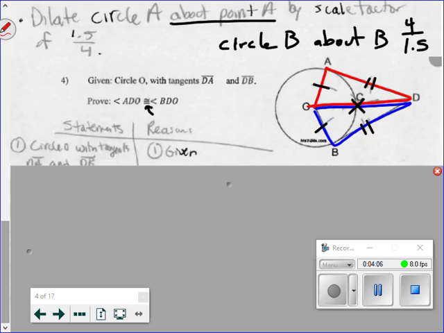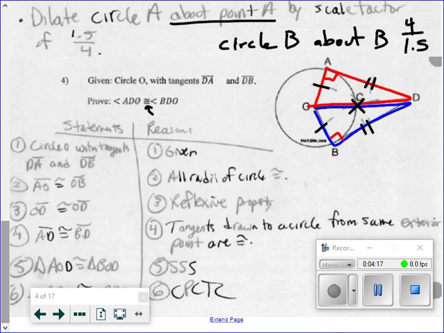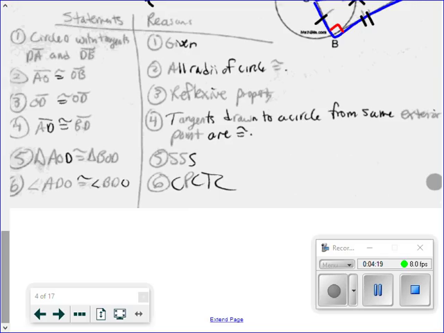You could have gone with the right angles and then done side angle side or hypotenuse leg. But my final step of this should have been CPCTC. So I'm hoping you had something of this. You're getting at least a point or two out of this, and then you can watch this part of the video again to make that happen.